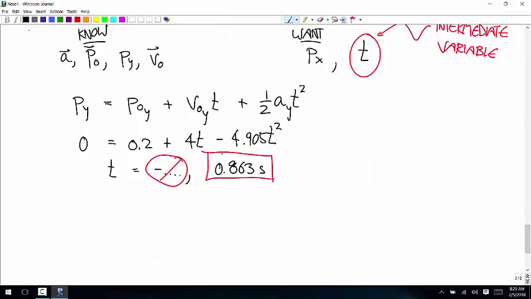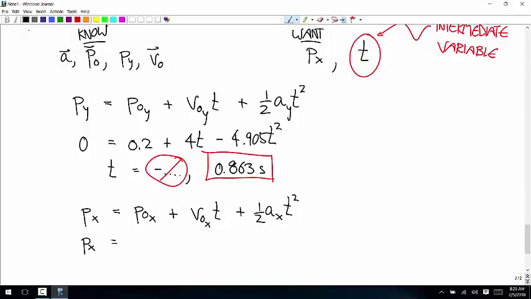Okay, so we take the positive time, and now we can plug that time in. So now that we know t, that's over here in our known, and now we can use the equation that says px is equal to p0x plus v0x t plus 1/2 ax t squared.